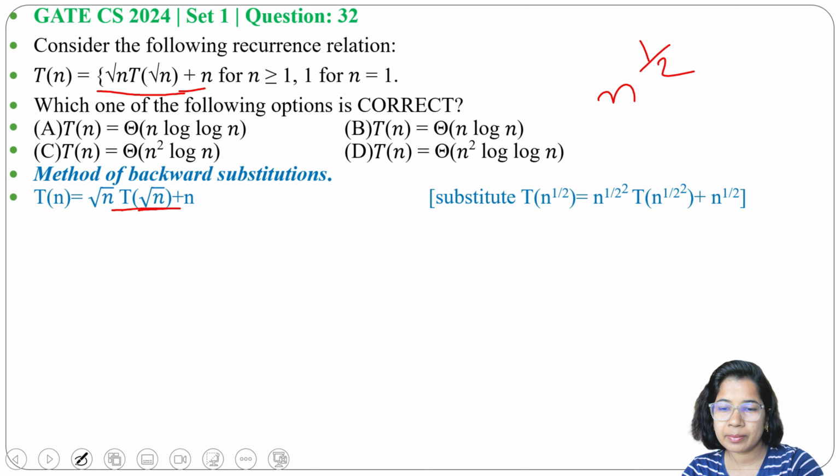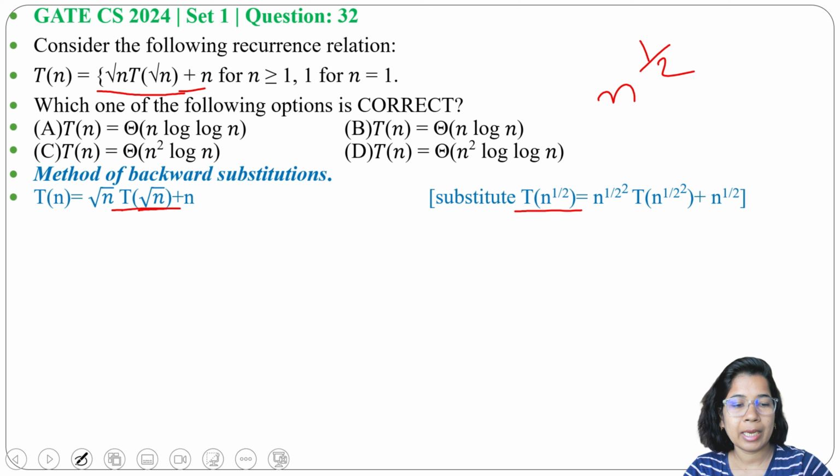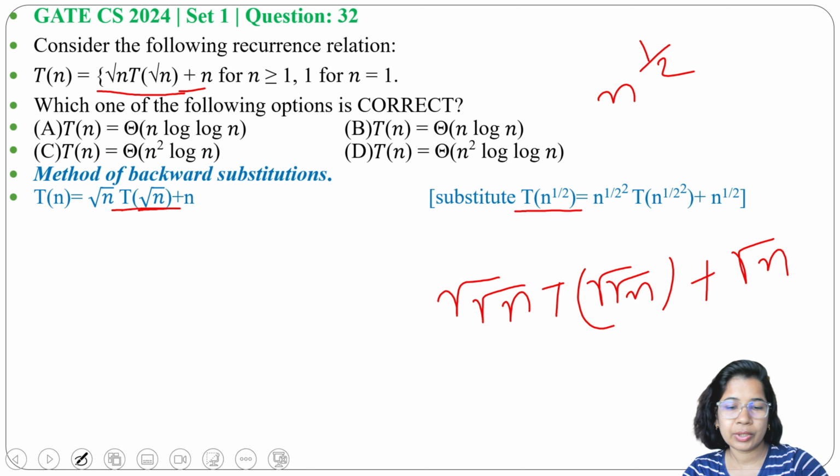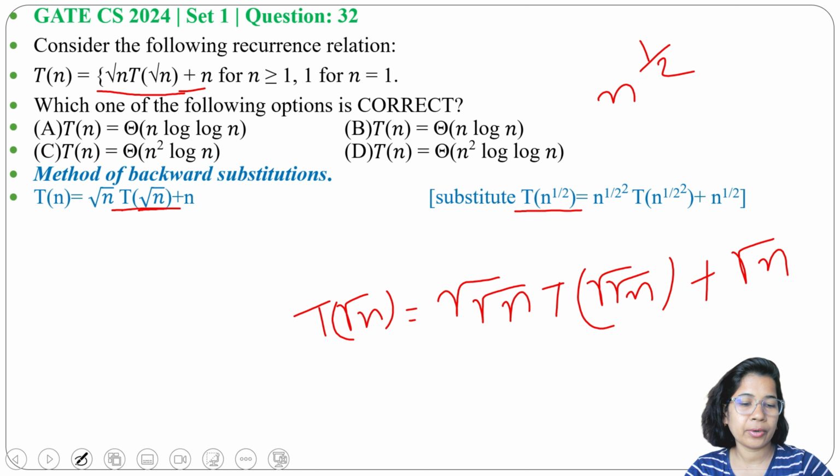And in place of T of root n, T of n power 1 by 2 equals n power 1 divided by 2 square, or root of n, times T of root of n plus root n.